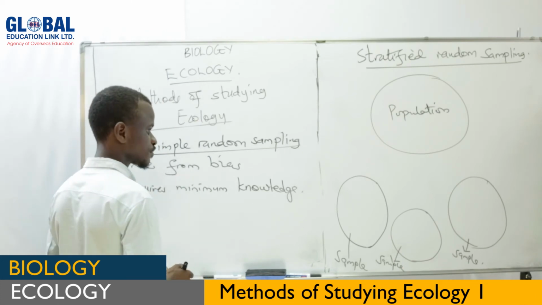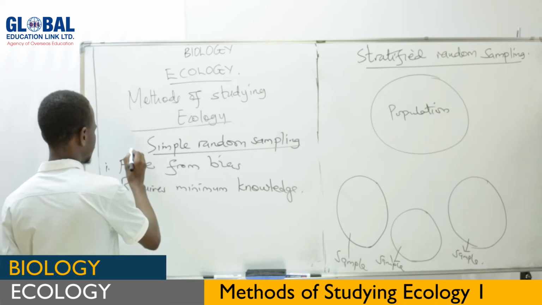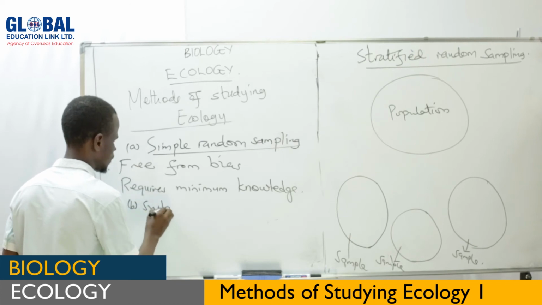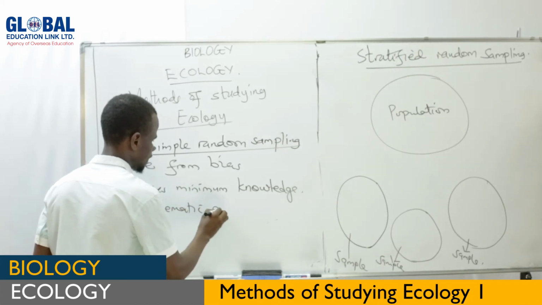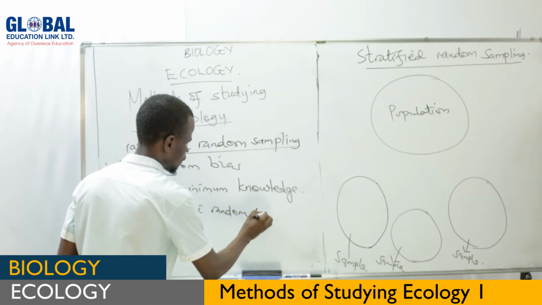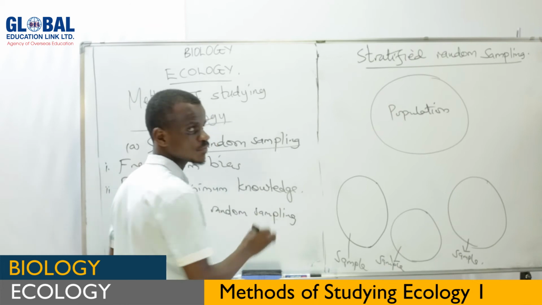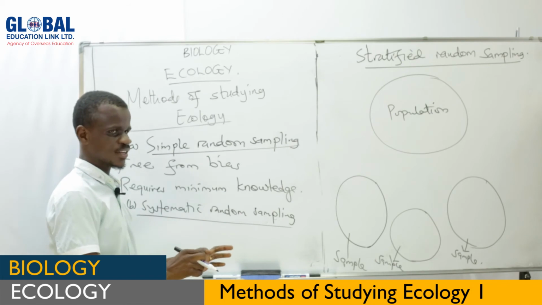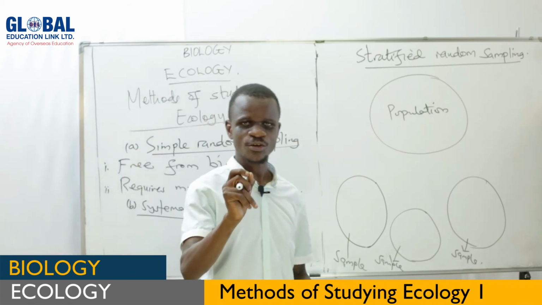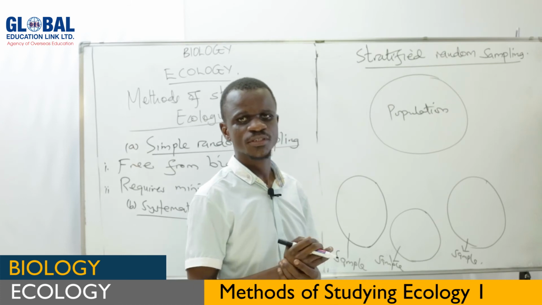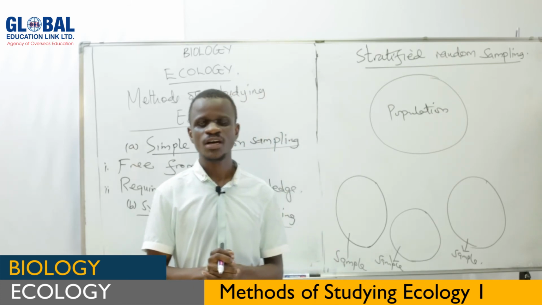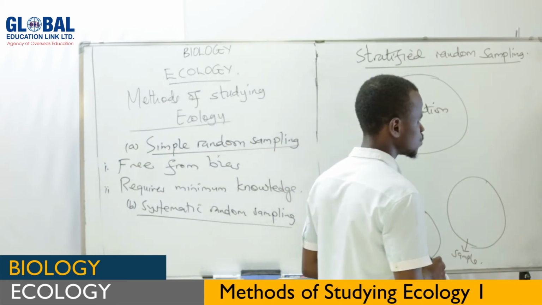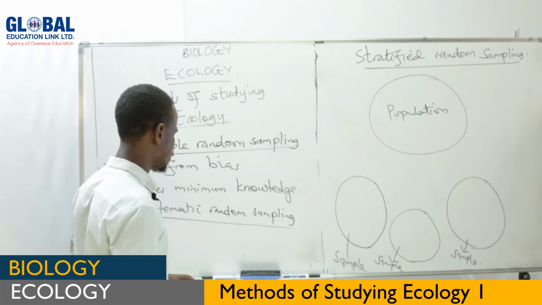Then, my student, if we go to part B, systematic random sampling. Systematic random sampling, as I said earlier, has a starting point. Therefore, as an ecological investigator, you select a starting point. Then you must have an interval. From our question now, what are the advantages of using systematic random sampling?